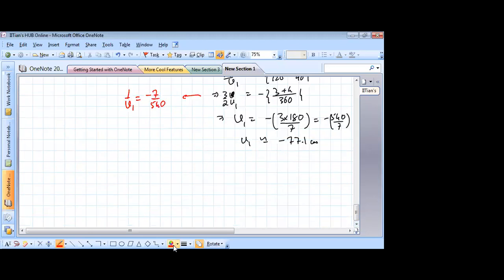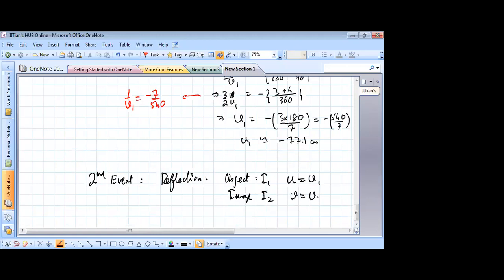Now the second event is reflection. For that, the object is I1. So we substitute u as v1, and the image is I2.